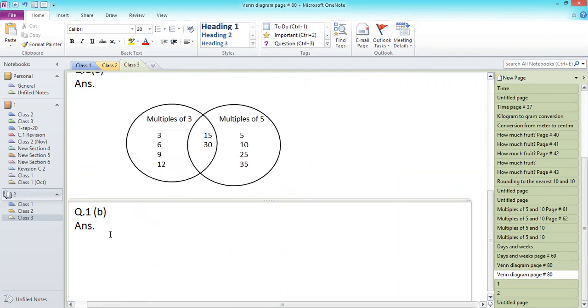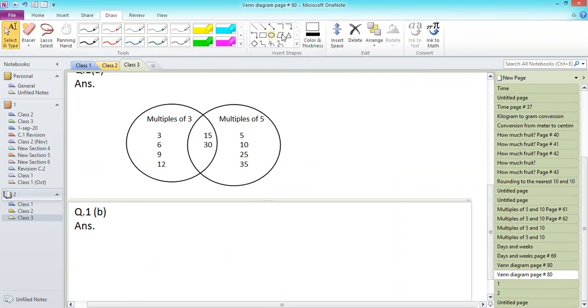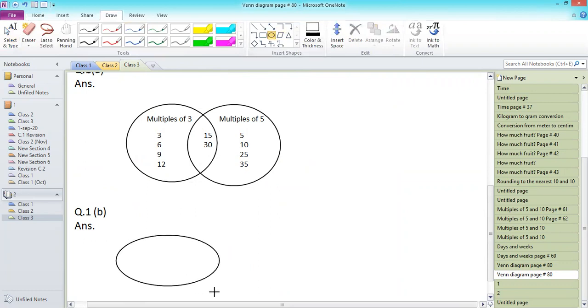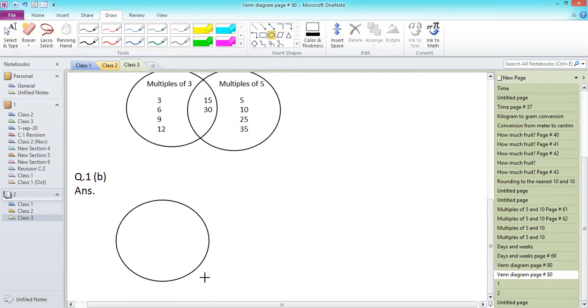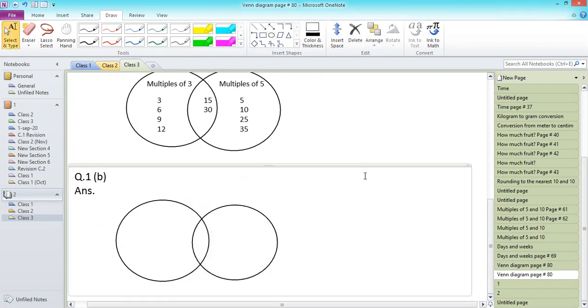So I'm going to draw again a circle, and one more circle.